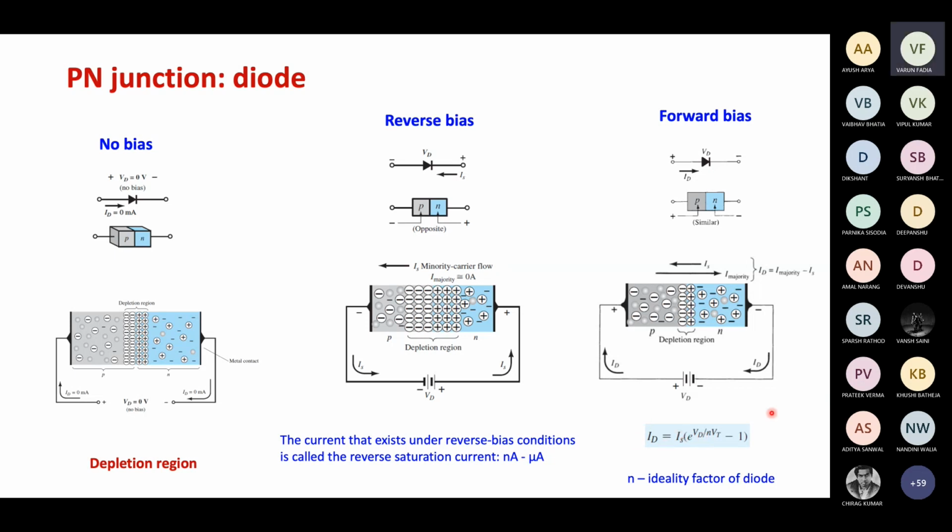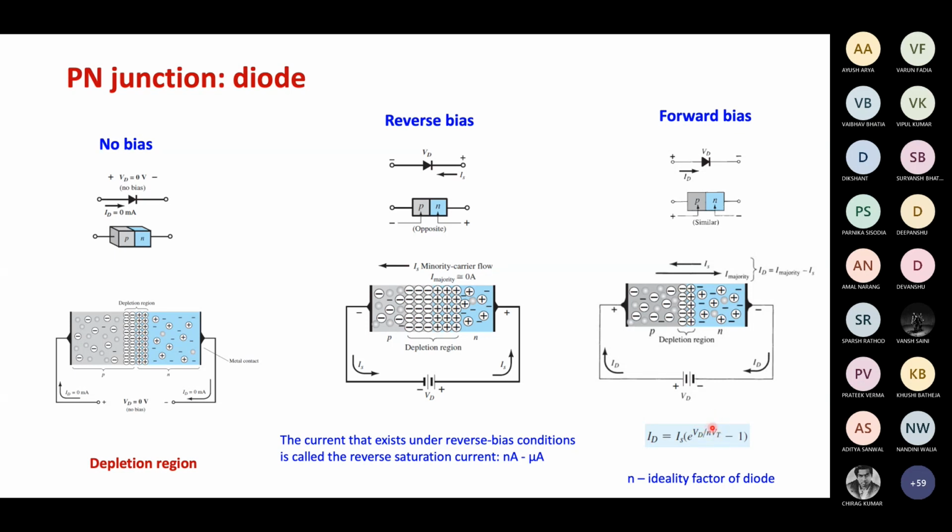And sir, what is the range of VD? This positive VD can be from 0 to typically 0.7, 0.8, because in silicon diodes, once VD reaches 0.7, this exponential factor becomes extremely large.